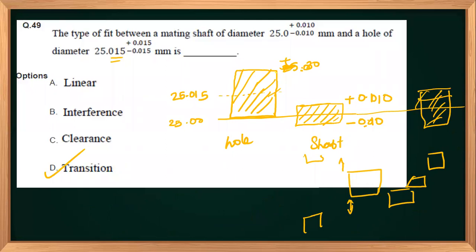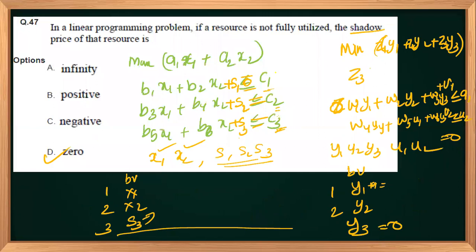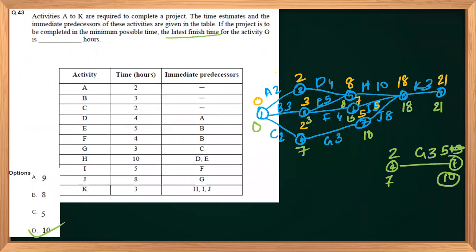This was a very easy problem, and this was a trick, a very conceptual problem, and a person with a good concept about the primal and dual will be able to simply answer this one. This one was nothing to find out the latest finishing time, just to construct the network and do the forward and backward pass.